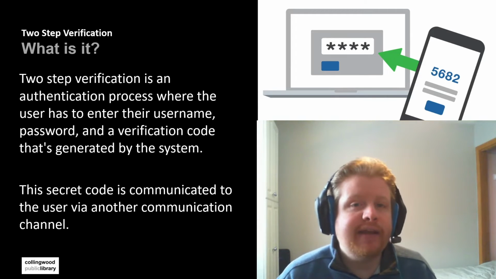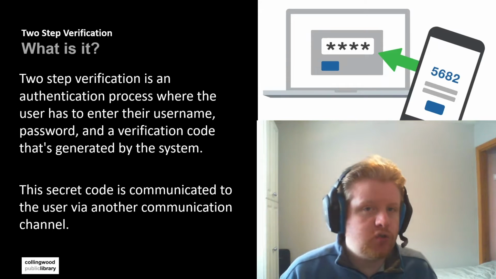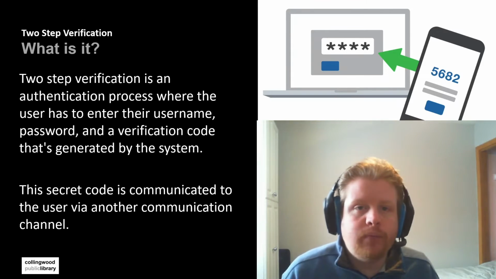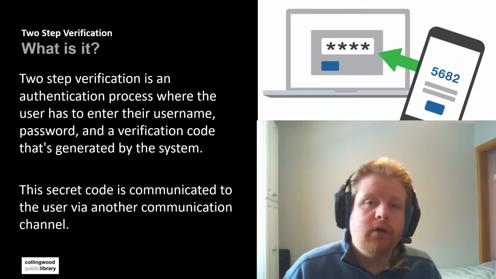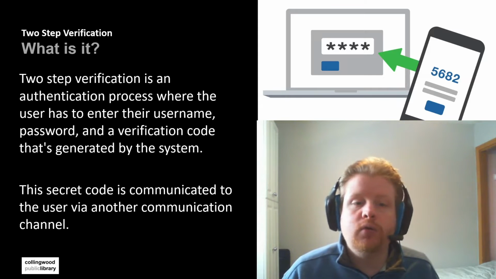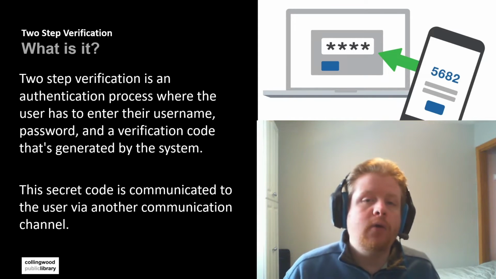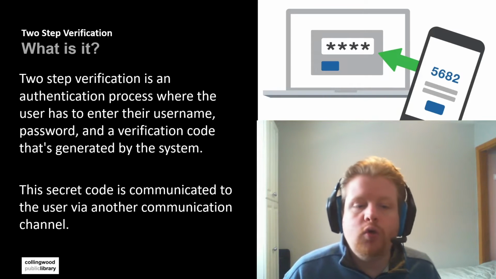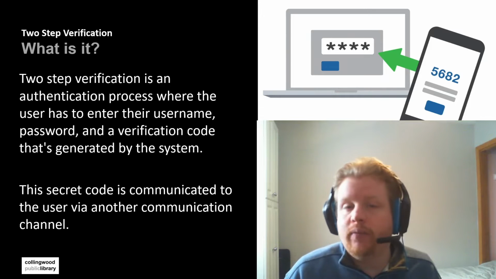Basically, this is an authentication process, so it's trying to identify that you are the correct user. And basically, the process is you're going to enter your username and your password, and it's going to require a verification code that is generated by the system. Now, this code is a secret code that is communicated to you by various means of communication channels.